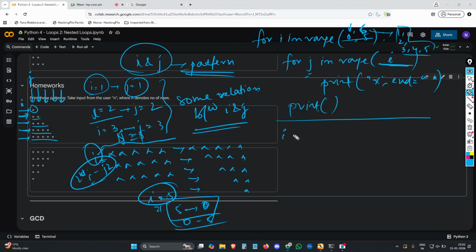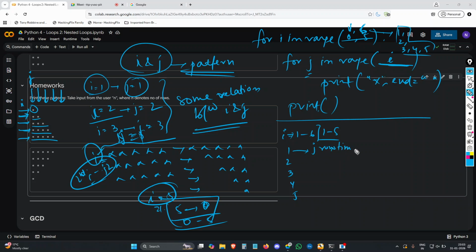For i, what is i's range? i's range is 1 to 6. That means actually it is 1 to 5, 6 will be excluded. So 1 to 5. What are 1 to 5? 1, 2, 3, 4, 5. Now for each i value, j runs i times.